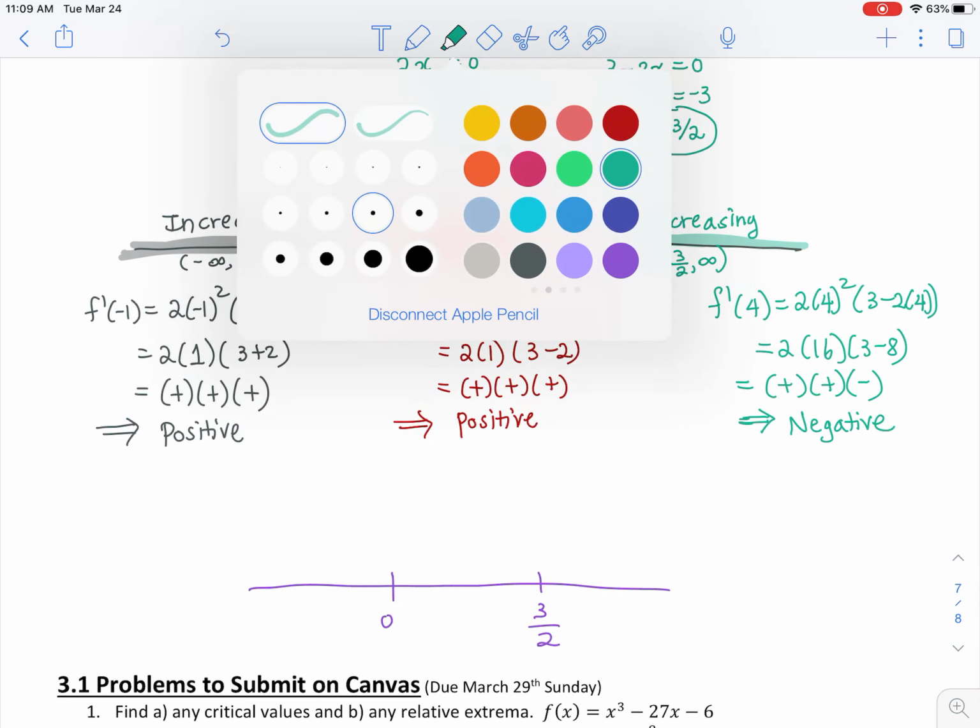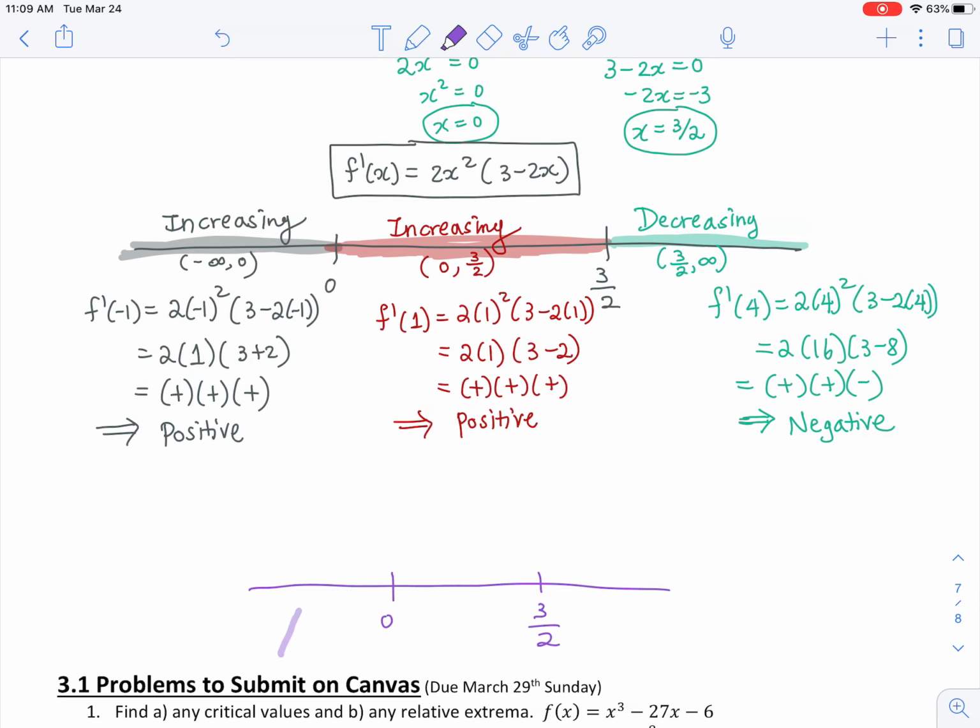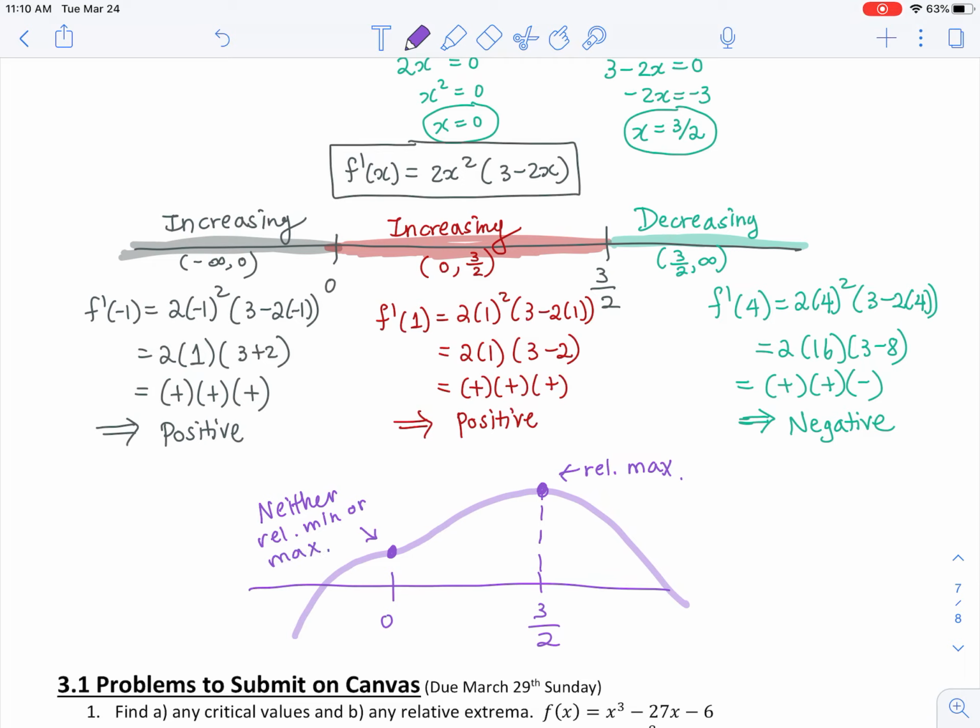The graph is increasing, still increasing, but then starts decreasing at 3/2. So this point right here is going to be our relative maximum. But this point at 0 is neither a relative minimum nor maximum, because it's still increasing to the left and to the right of it.